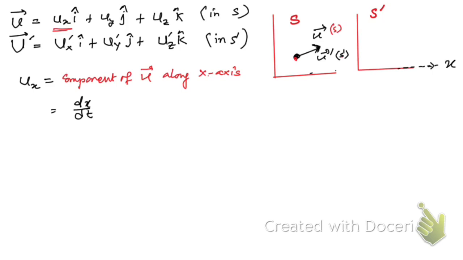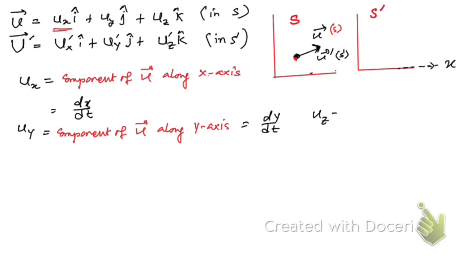Similarly, uy is the component of u along the y-axis, which will be equal to the time derivative of y with respect to t, and similarly uz is equal to the time derivative of z. Hope you have understood this.